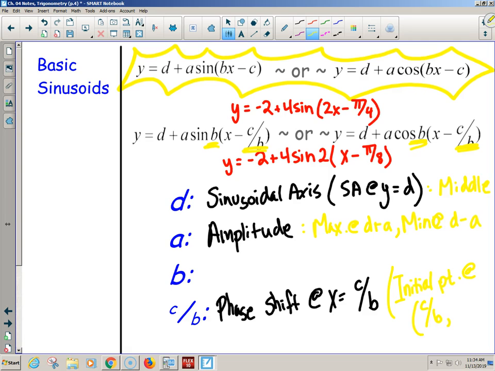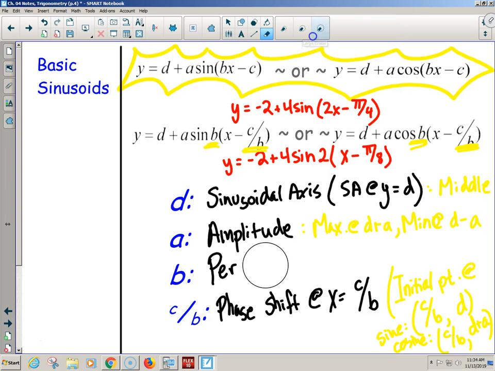And, well, here's the struggle. Sine started at the middle, or on D, but cosine is actually going to start at C over B. Cosine starts up at the max. And then what we're left with is B. And B was the guy that was used to find the period.